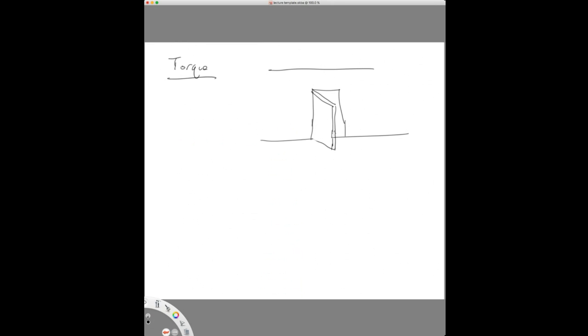Okay, and we want to open the door. So here's the doorknob, and we're going to push the door to close it or to open it. That depends which way we push it. So you can think of a door as a rotating object. It doesn't actually move anywhere. It doesn't go from point A to point B. It just rotates on an axis. And the axis is right through here. Let me maybe make that a different color.